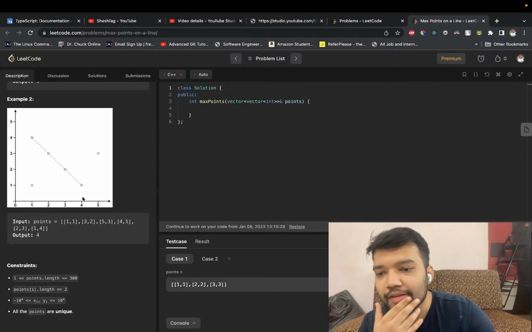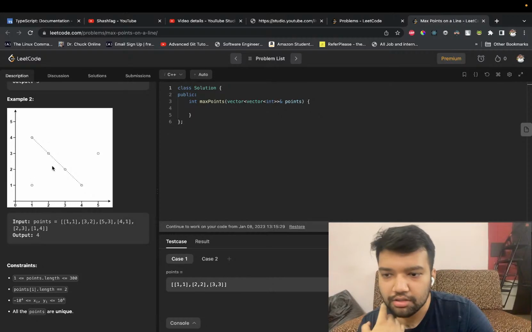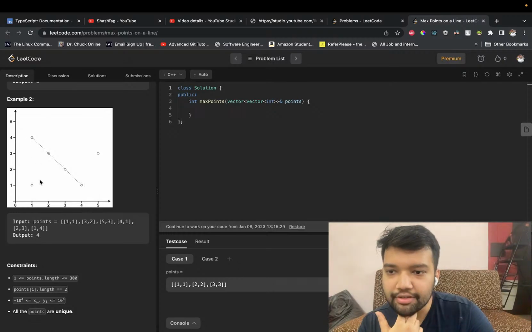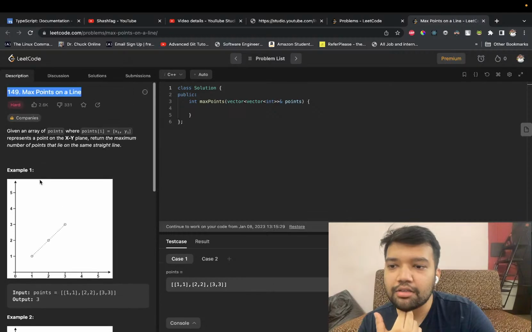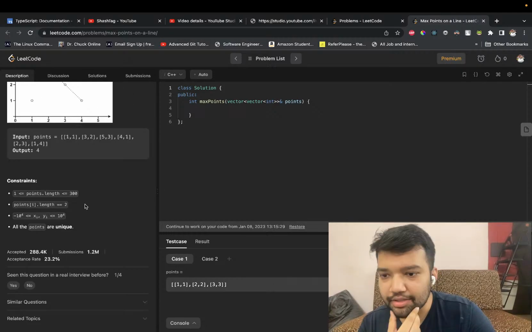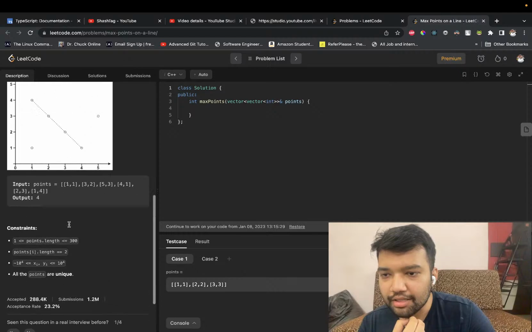Here also the ratio would not be the same, but the sum seems the same. Yeah, 4 plus 1 is 5, 3 plus 2 is 5. Are there negative numbers? Yep, negative numbers are there.